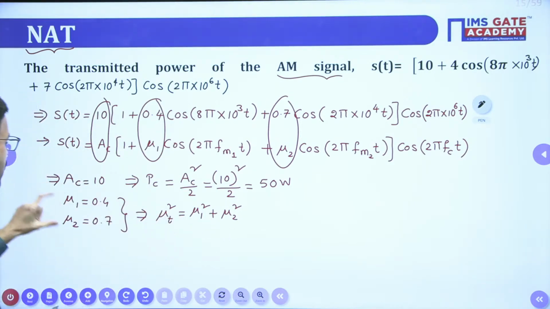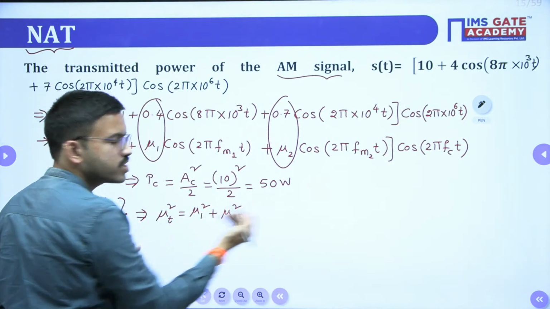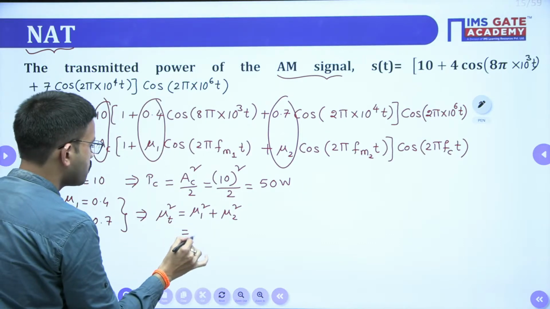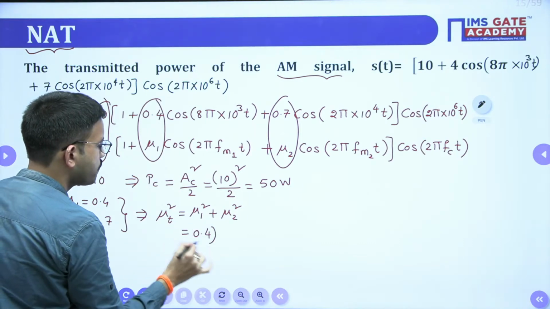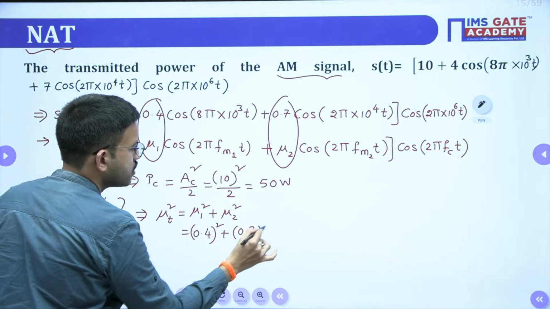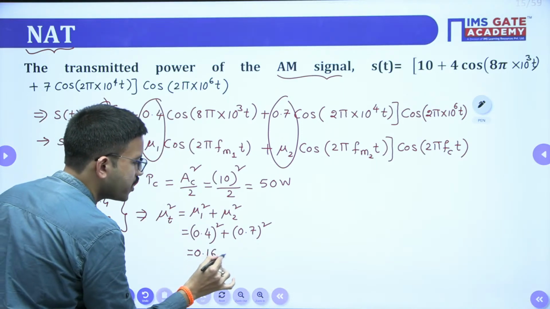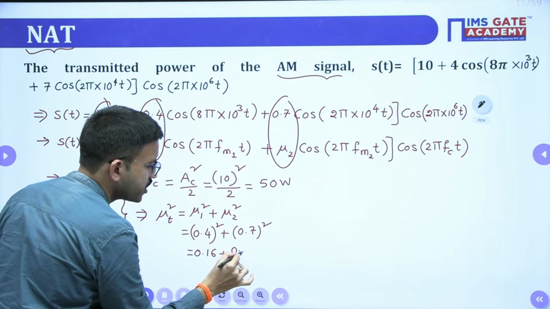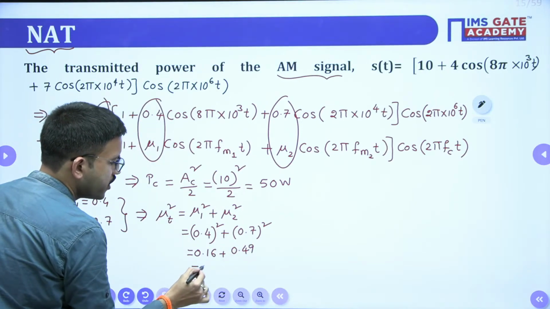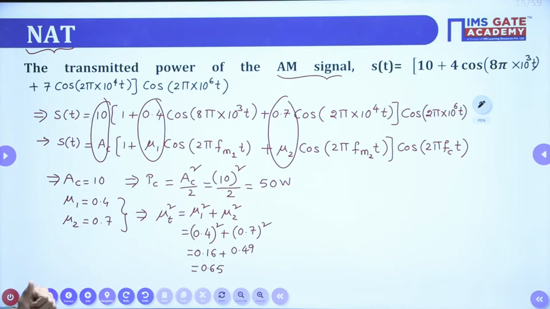Here you have only two modulation indexes, but if you have three, you can add one more term. So just substitute 0.4 whole square plus 0.7 whole square. 0.4 square is nothing but 0.16. 0.7 square is nothing but 0.49. So from here you will get 0.65. This is the mu t square value.